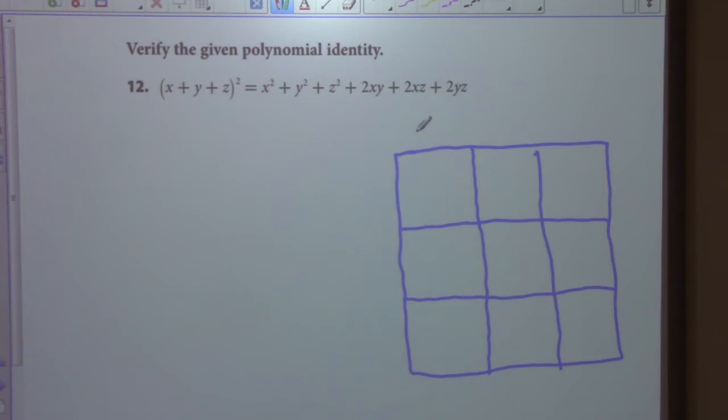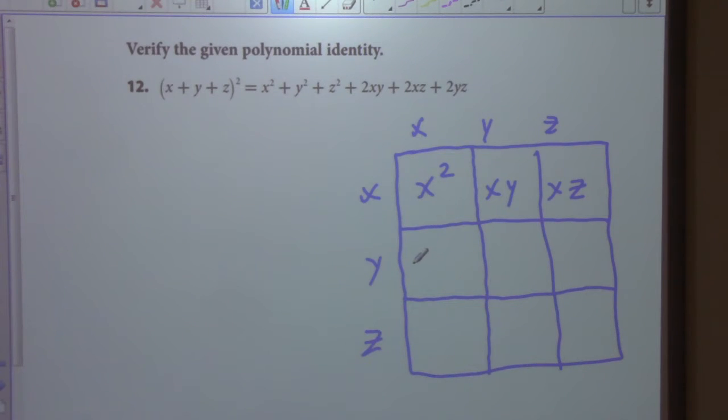Okay, and so we put x, y, z, x, y, z, and then multiply the terms together in the space where they intersect. X times x is x squared. You should know how to do the rest. This is xy, right? And this is xz.